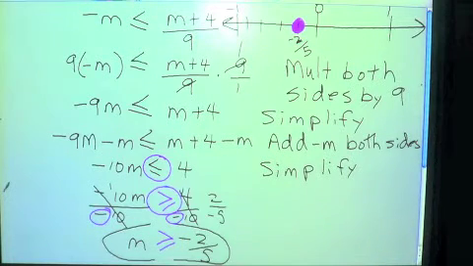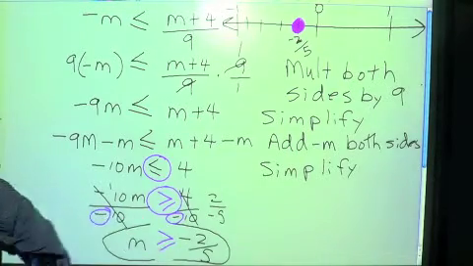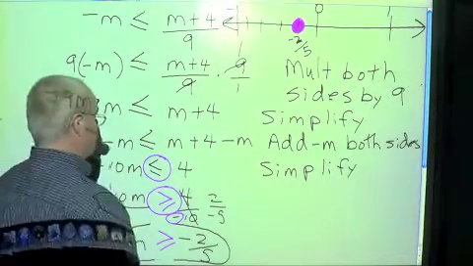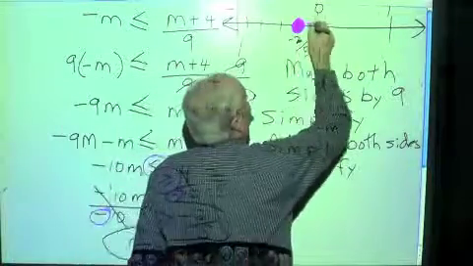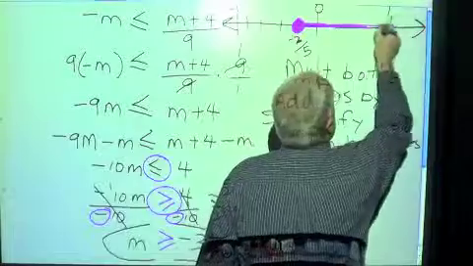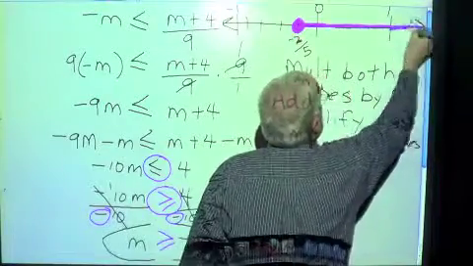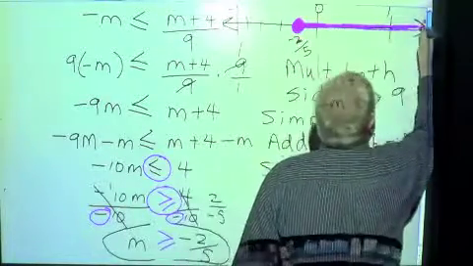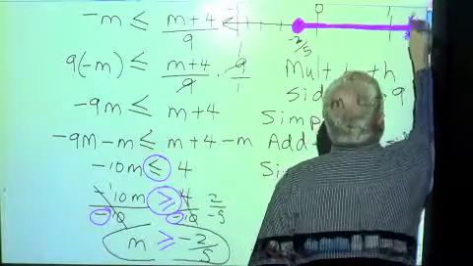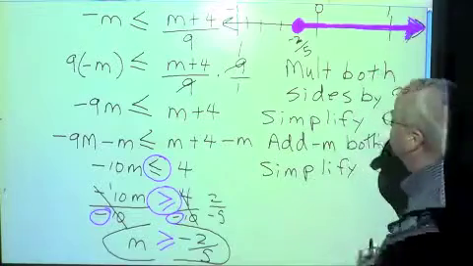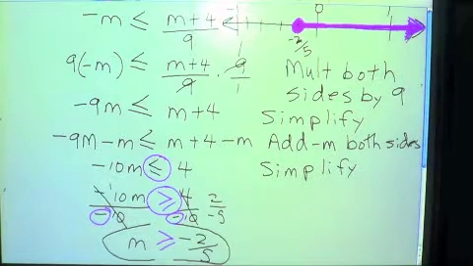Okay? Don't forget to do that, because if you do, you're going to have a wrong answer. This has to be greater than or equal to. So what are we going to do? Greater than means we're going to go to the right. It's going to go this way. Greater than or equal to. Okay? So that's how we would graph that one.